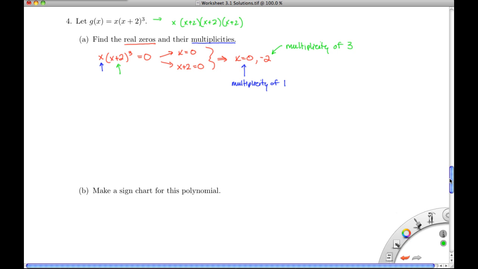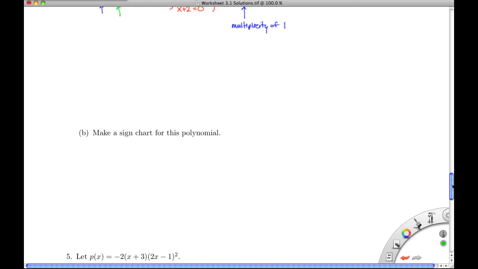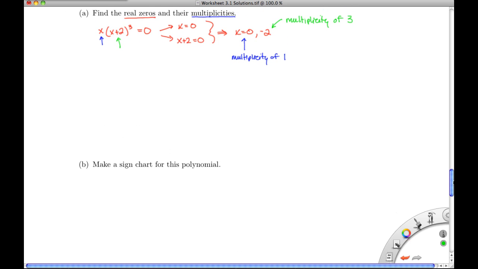Okay, so now we want to make a sign chart for this polynomial. These sign charts will probably remind you of what we did with inequalities. What we'll do is go ahead and draw a real number line, going from -infinity to +infinity. This is going to give us an idea of when our polynomial is positive, meaning above the x-axis, or when our polynomial is negative, or below the x-axis.